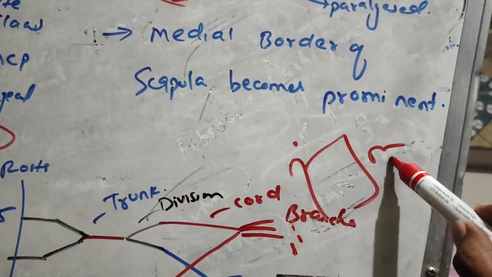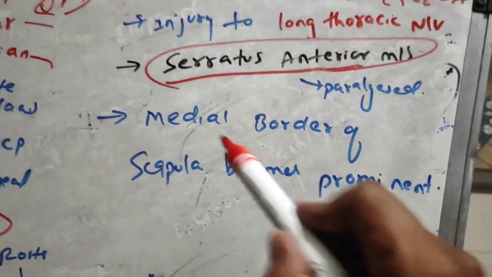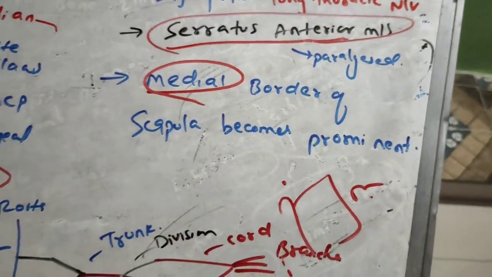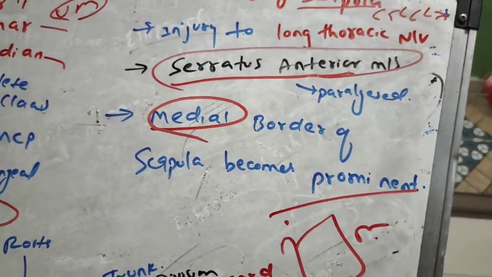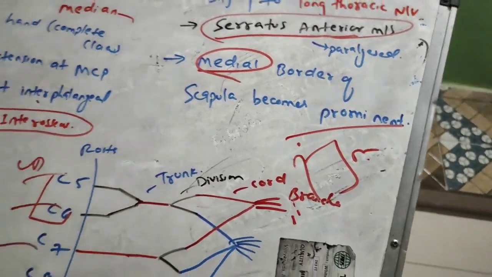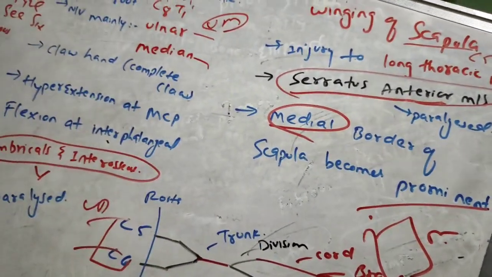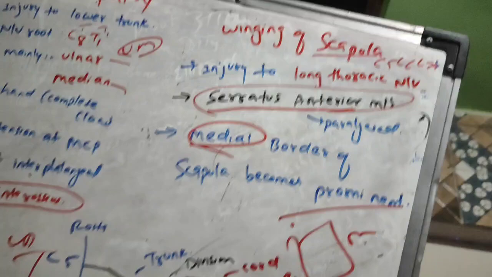Which border of the scapula is more prominent? It is the medial border. You can see in the image that the medial border of the scapula becomes more prominent. That's why there is winging of the scapula.